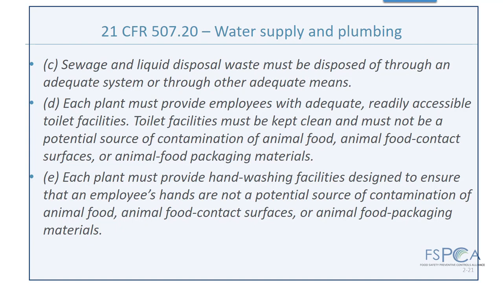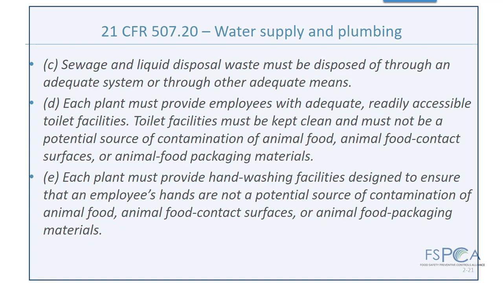That still is readily accessible. And as long as that toilet is accessible during all hours of production, that can be an adequate toilet facility. But within this regulation, now the animal food facility is responsible for making sure those toilet facilities are kept clean and not a potential source of contamination.